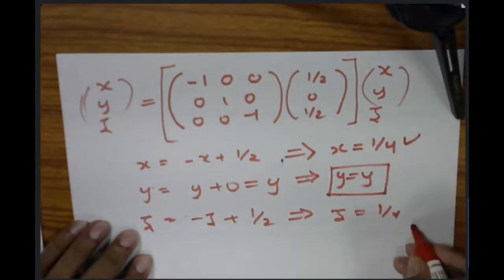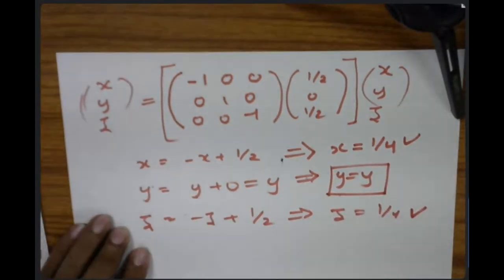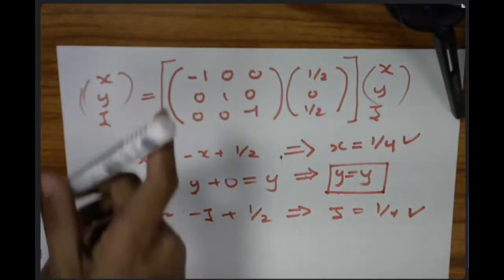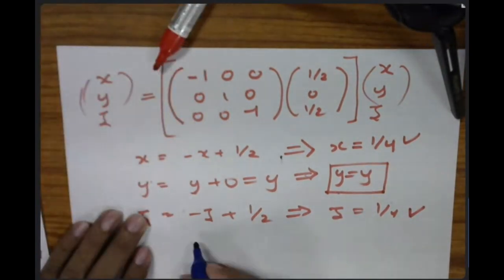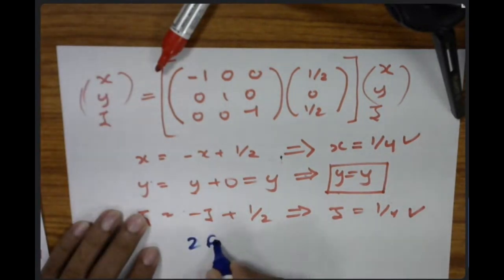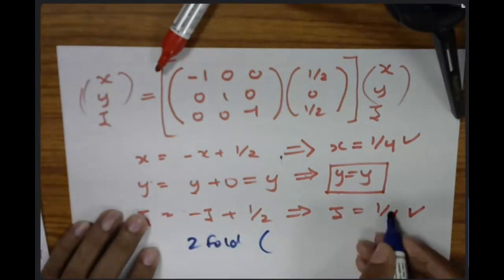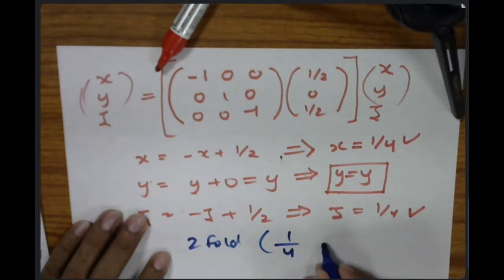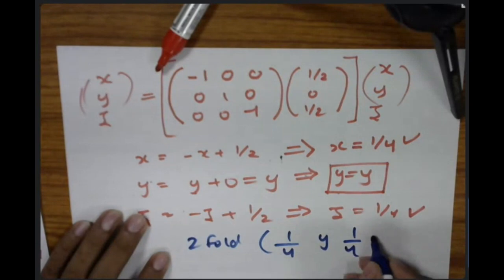Remaining things are fixed. X and Z are fixed. So we can say that there is a twofold at the location where x is 1 by 4, y can be anything, and z is again 1 by 4.